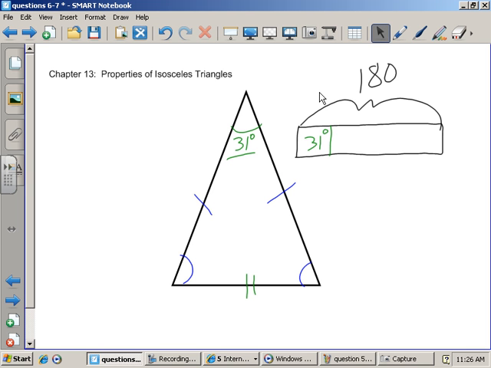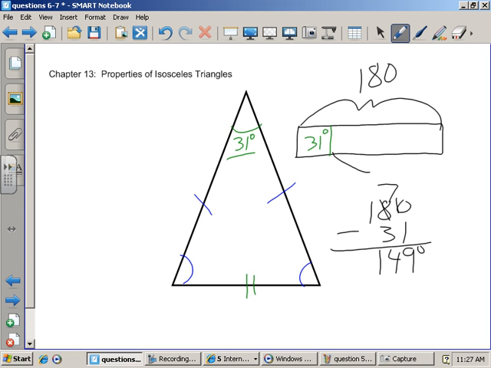So that's what I'll do. I have to borrow. 10 minus 1 is 9. 7 minus 3 is 4. And bring down my 1. 149 degrees. So this portion over here is equal to 149 degrees.